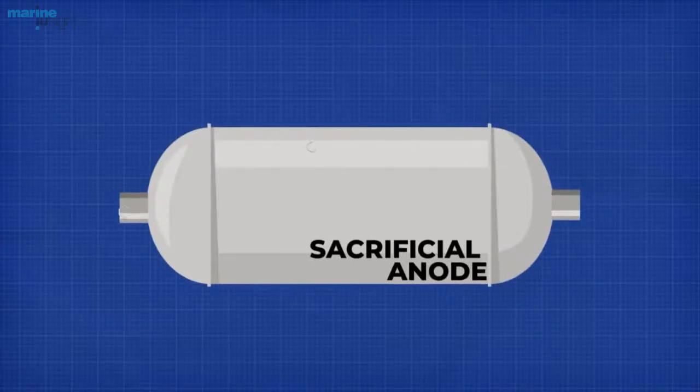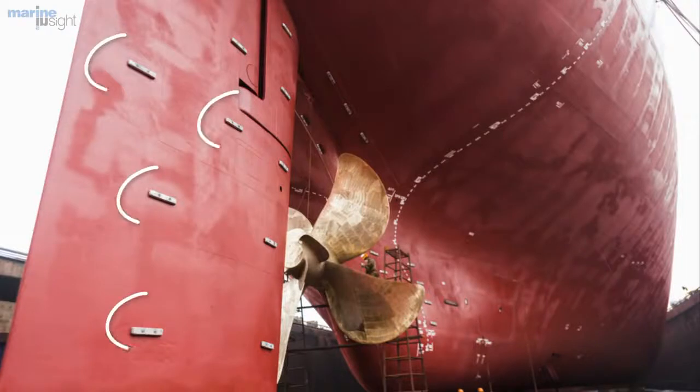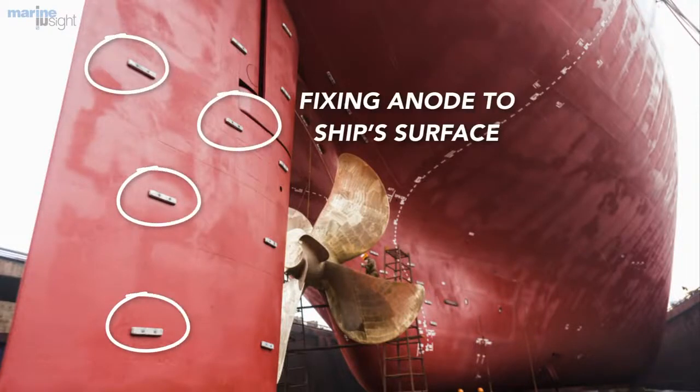The anode is divided into two parts, namely anode insert and the anode body. Out of these two, the one which serves as an anode in the process of electrolysis is termed as anode body, whereas the other is called anode insert, which is used to securely fix the anode to the parent surface.